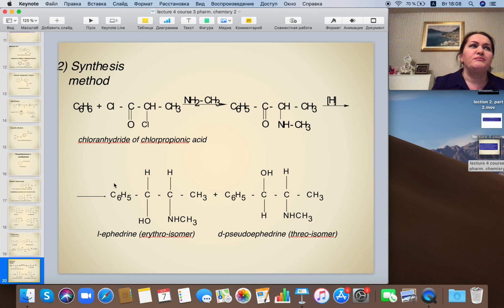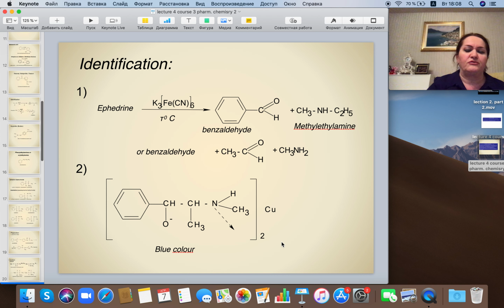The second method, the synthesis method, from benzene and chloroanhydride of chloropropionic acid in the presence of methylamine, and then hydrogenation. We receive L-ephedrine, the erythro isomer, and pseudoephedrine, the threo isomer.